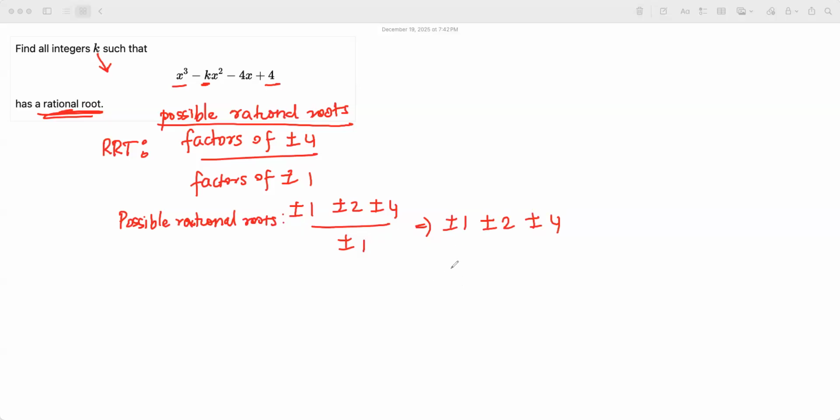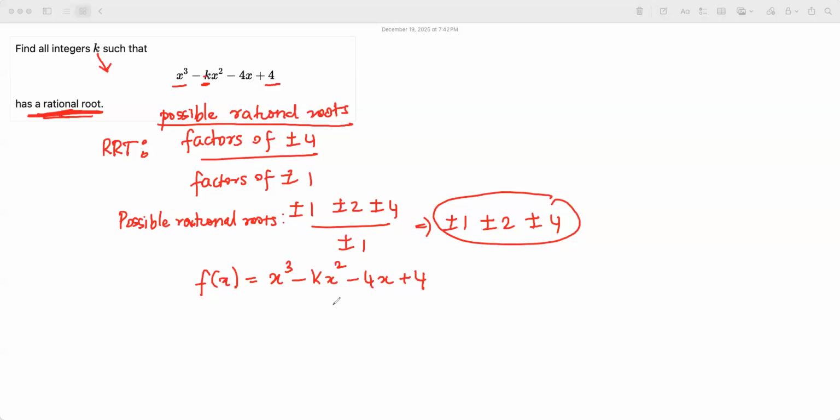These three are the possible rational roots, but we need to find the integer k such that it has a rational root. So, if I substitute this in there, what will happen? I have f of x equal to x cube minus kx square minus 4x plus 4. If I start substituting one by one, but if that x is a rational root, what will happen to f of x?